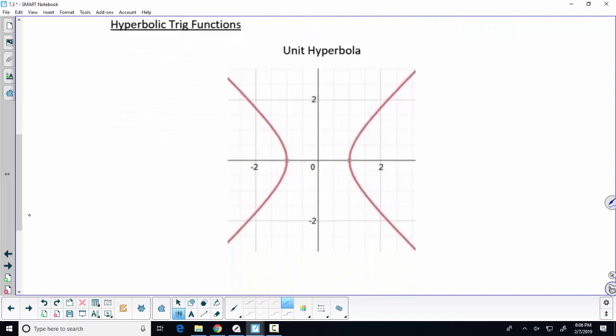Unit hyperbola, how do you think you define the unit hyperbola? X squared minus y squared, you're right, or x squared minus y squared equals 1. Remember the hyperbola as a conic section.